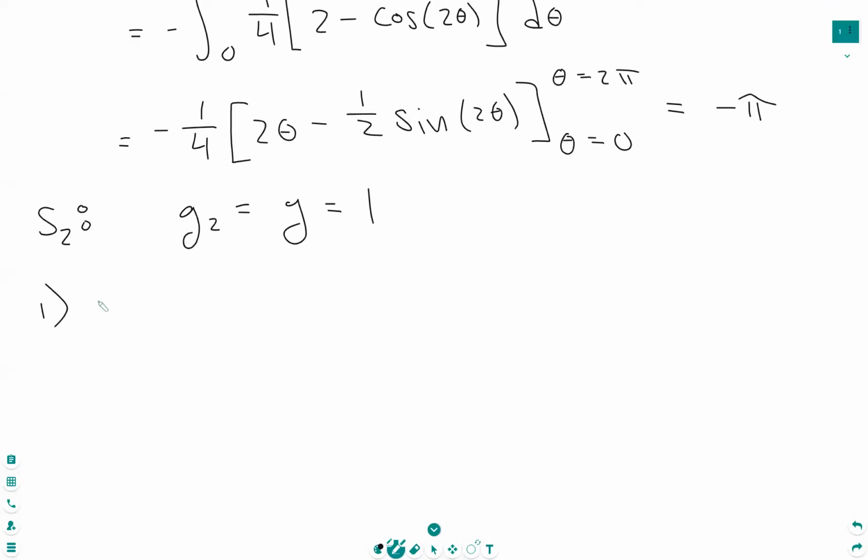For step 1, let's again project to the x, z plane.